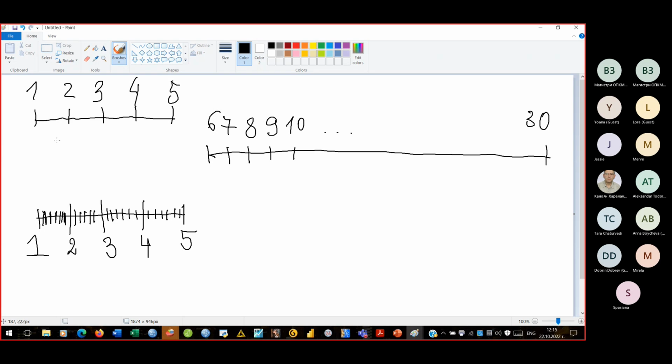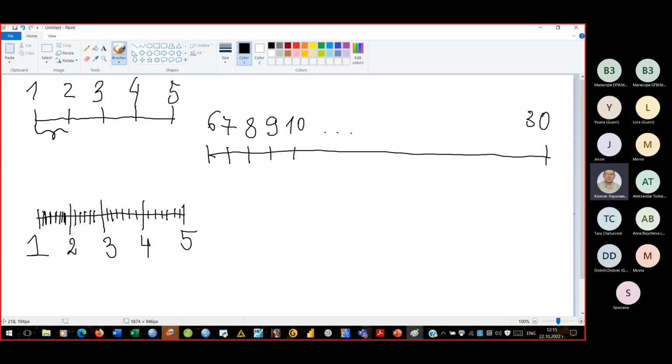Here, I already said that score scale is not interval scale. It's a special case of ordinal scale, because the difference between two scores is always 1.